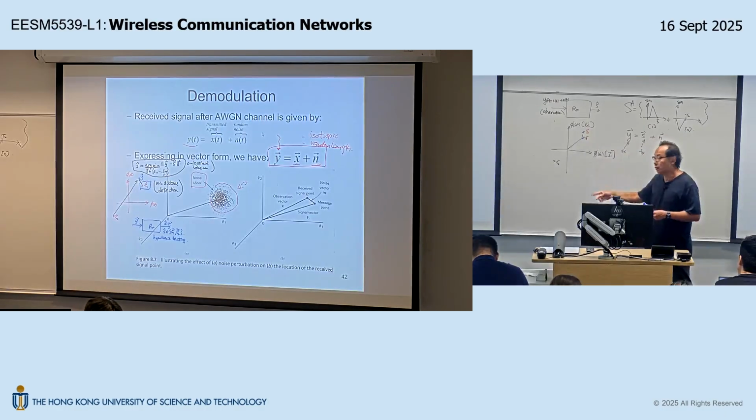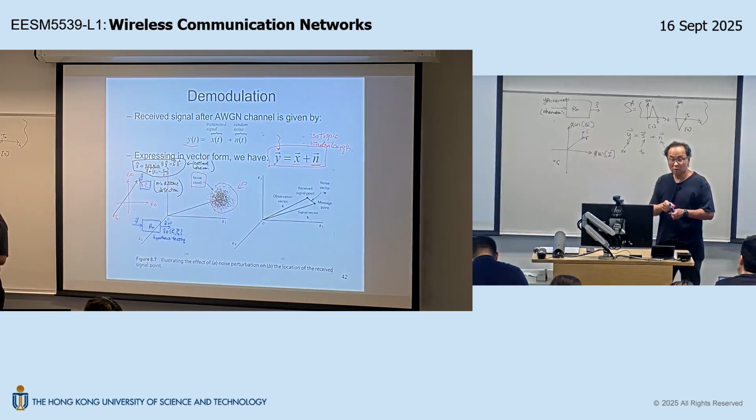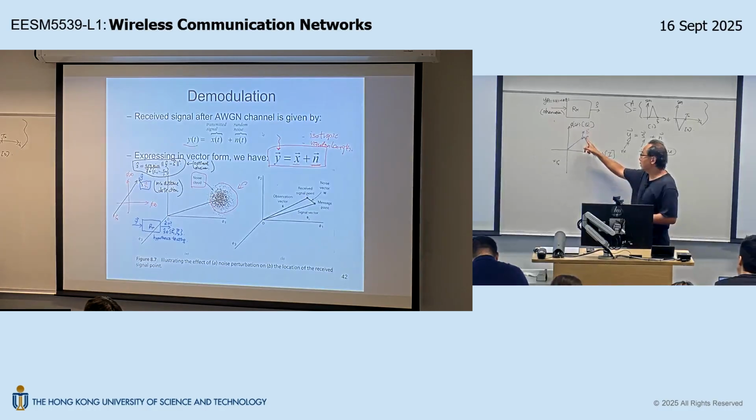If in the next symbol I again transmit S1, then where would my second observation be? It depends on the random realization of this noise vector. So my second realization may be here, which corresponds to a noise perturbation up here.